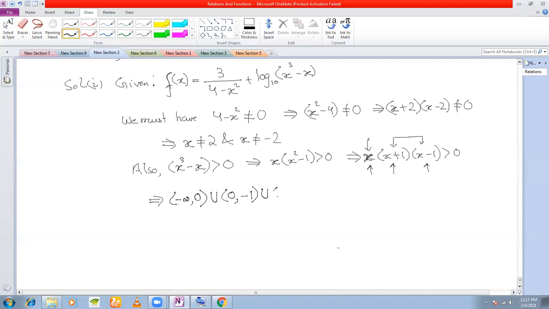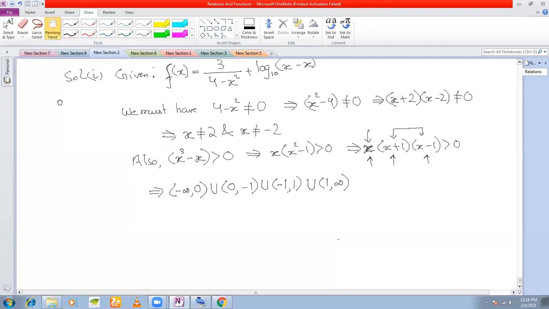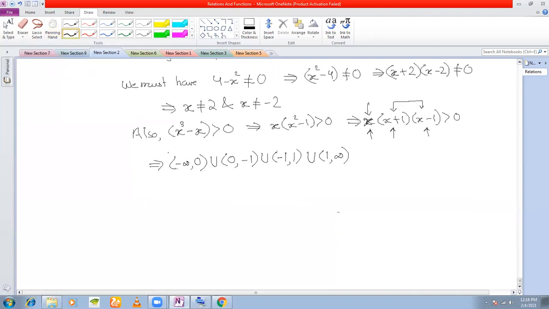Again, from minus 1, it can move on to just very close to plus 1, because x minus 1 is equal to 0 will give you plus 1. And then from 1, it can move on to infinity. So these are the acceptable values of x for your next restriction. So let us now see these on the number line.